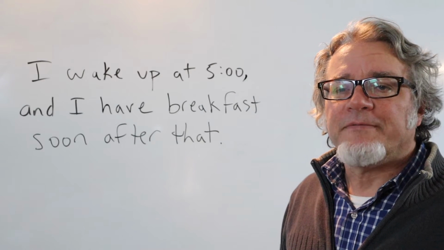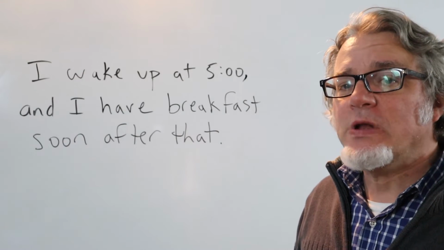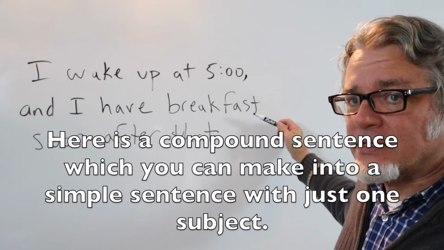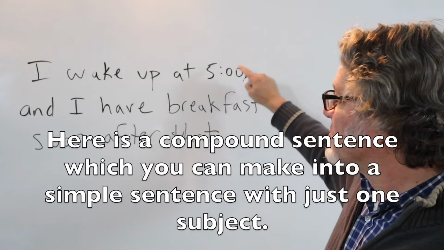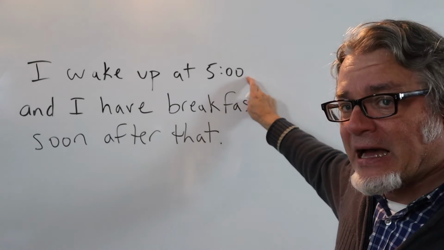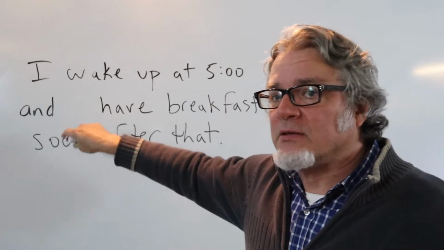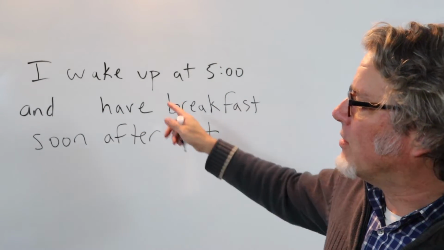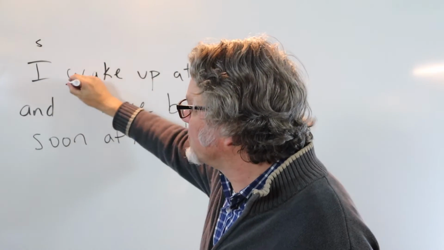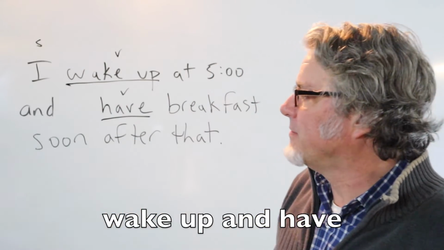I wake up at 5 o'clock and I have breakfast soon after that. Here is a compound sentence which you can make into a simple sentence with just one subject. So I'm going to take that comma off and take the subject off, so that now here's the subject, there's just one, and this matches the verbs wake up and have.